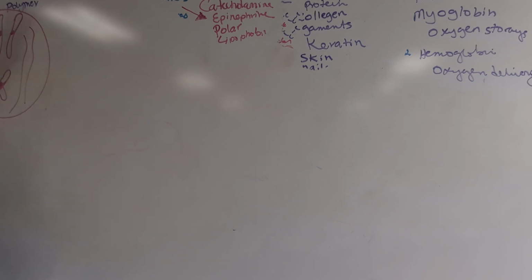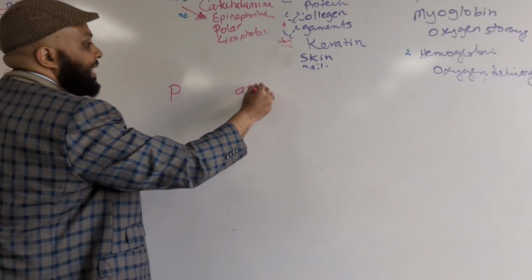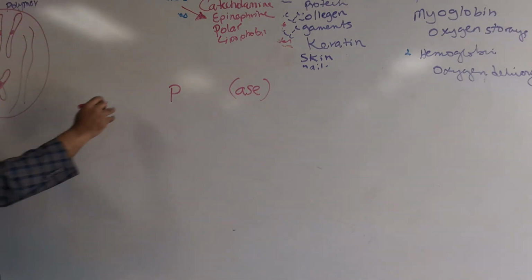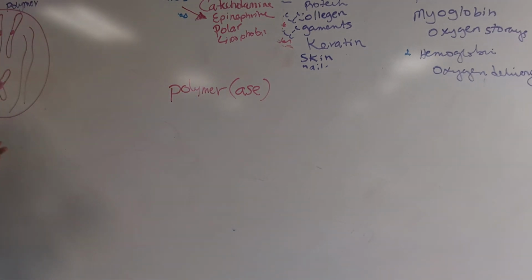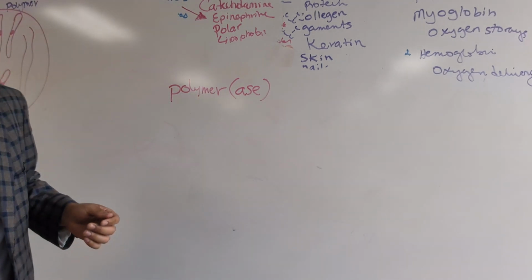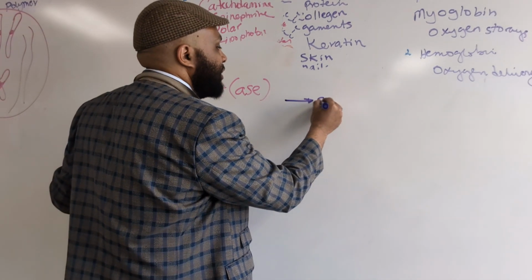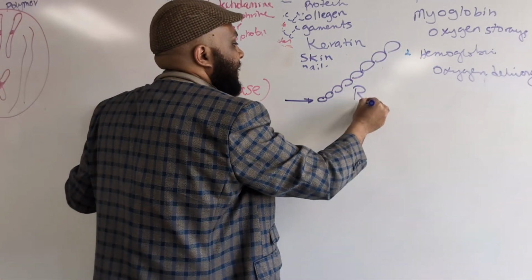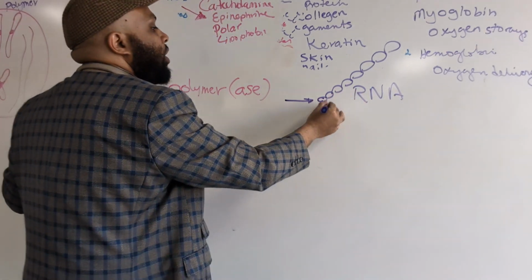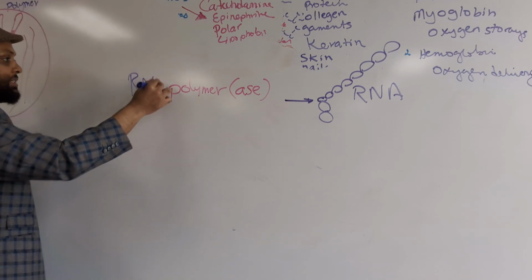So if I'm going from DNA to RNA, what am I going to need? I'm going to need an enzyme. This enzyme is known as a polymerase. So what am I polymerizing? If I make a long polymer of RNA, that makes me an RNA polymerase.